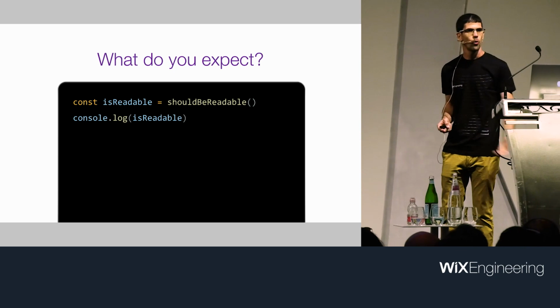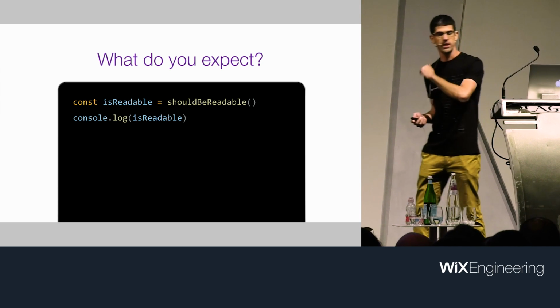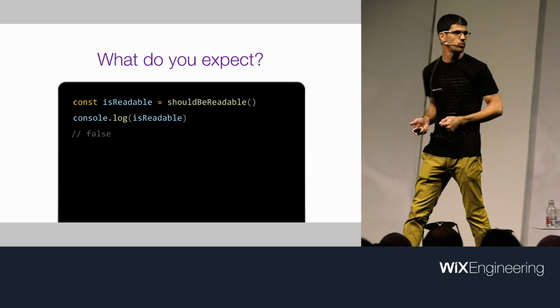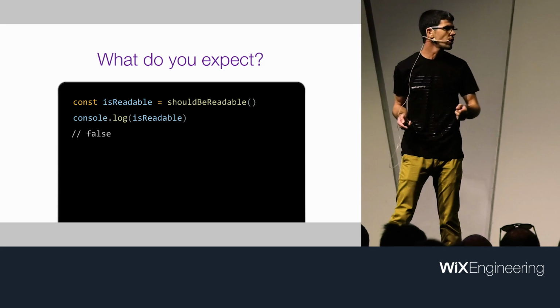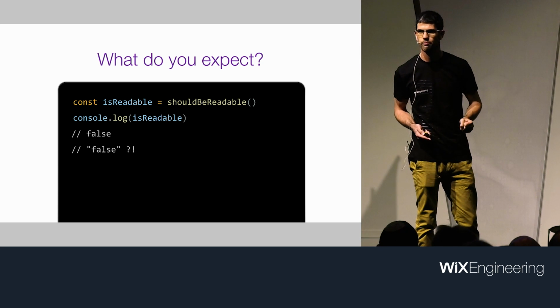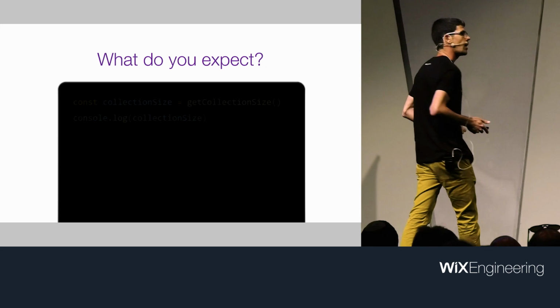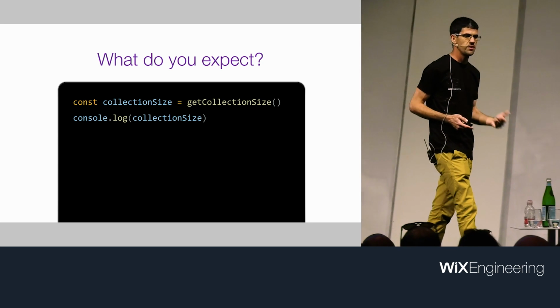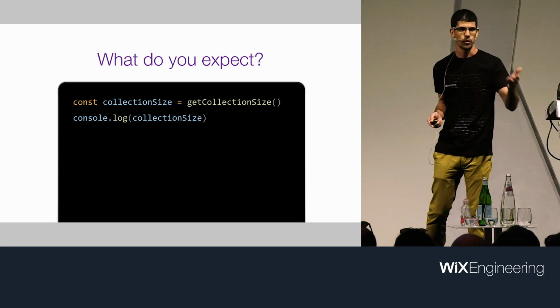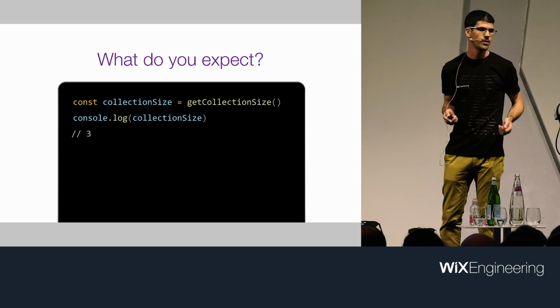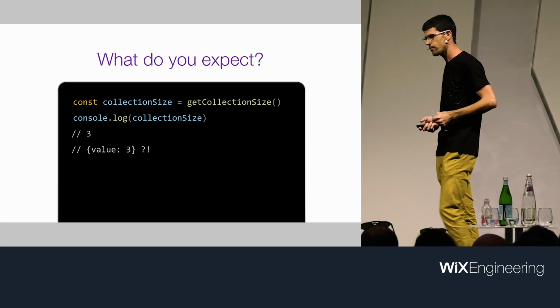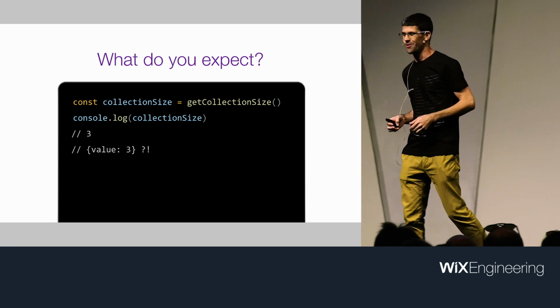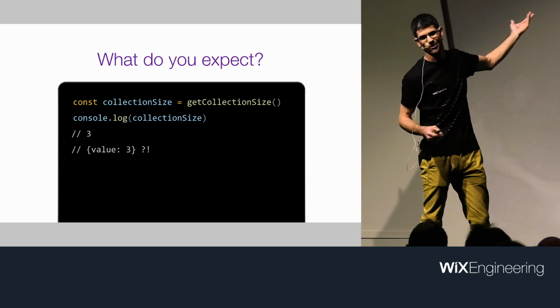So, what would you expect isReadable to be? I'd expect it to be a Boolean, as everyone else here, and not a string value. Collection size, in this case, it's a number, and it has to be a number, and nothing else. Now, obviously, of course, none of us would write code like this.